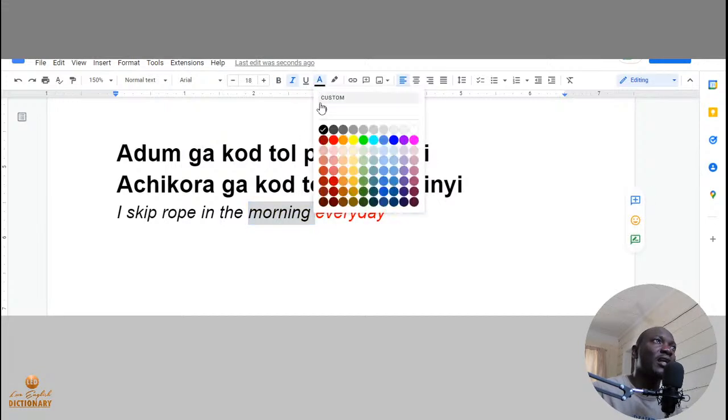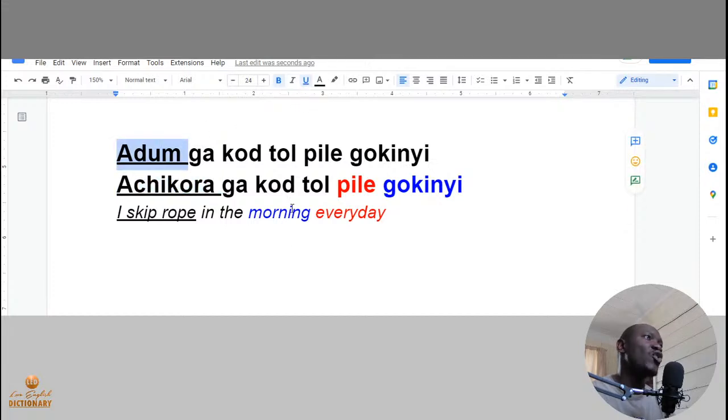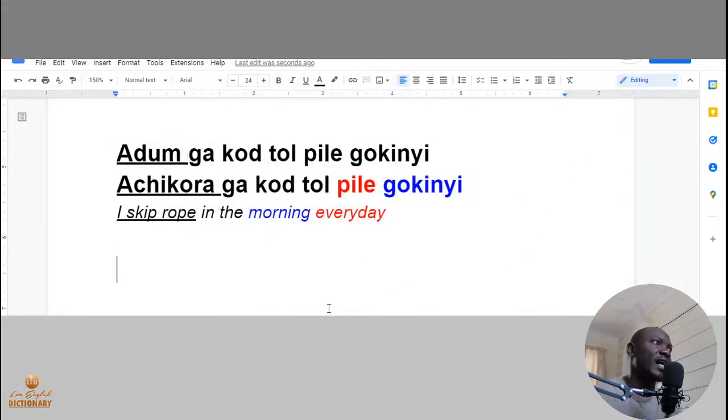So, I skip rope becomes achikora, or adum. So it depends on which side of the divide you are on. Adumga kod tol or achikoraga kod tol. Pile gokinyi.